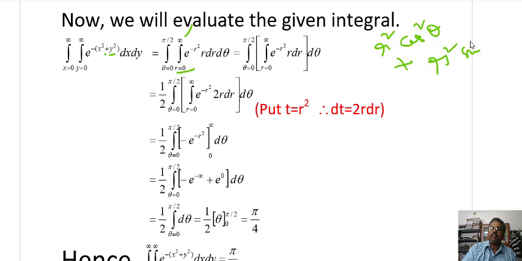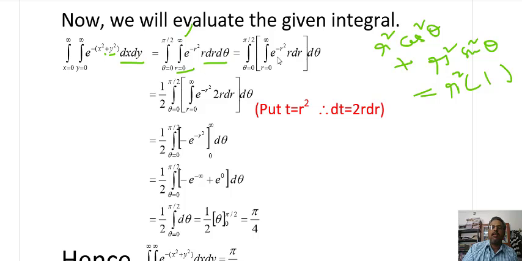Taking r square common in these two terms, r square into cos square theta plus sin square theta is r square. That is e power minus r square. dx dy is already known, r dr d theta.